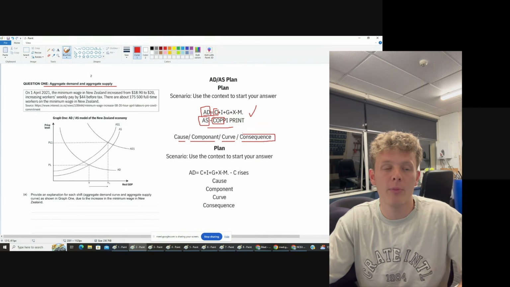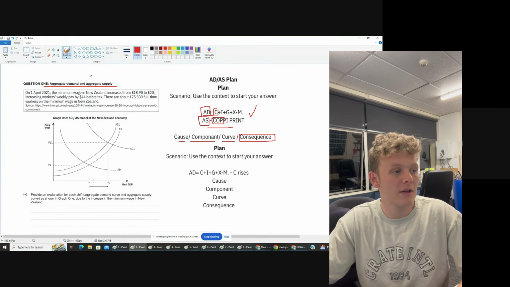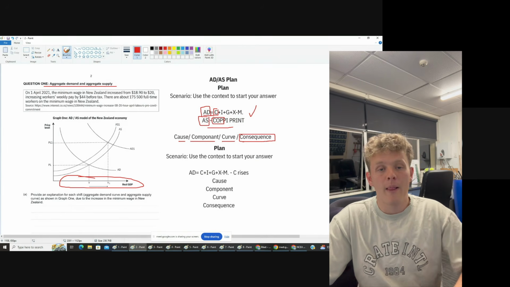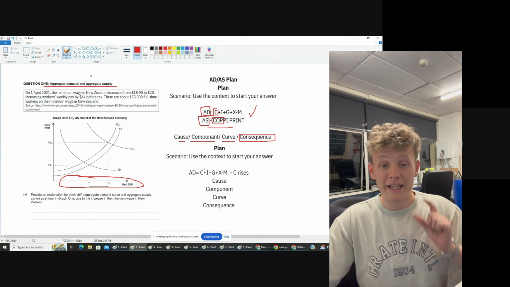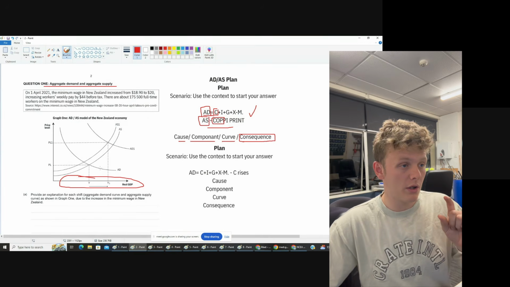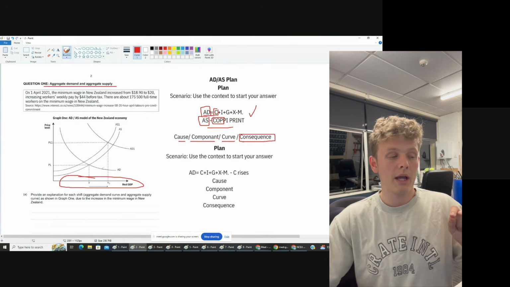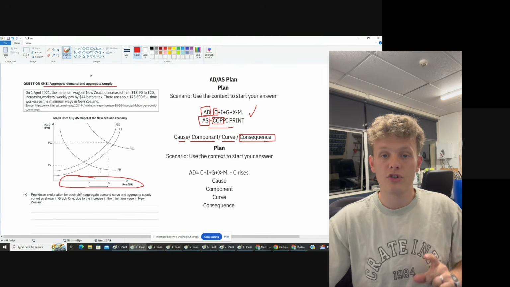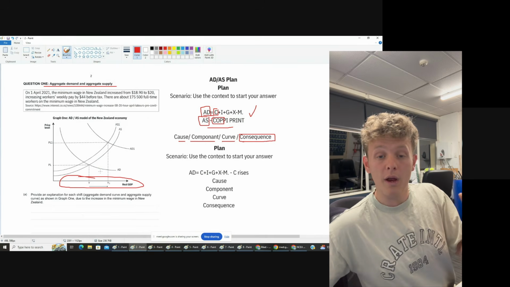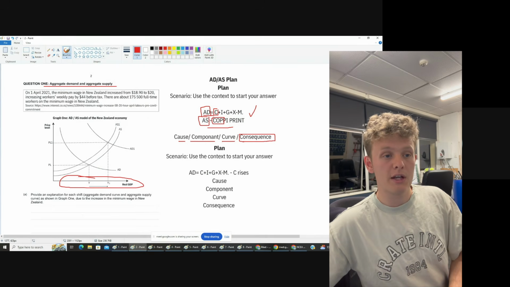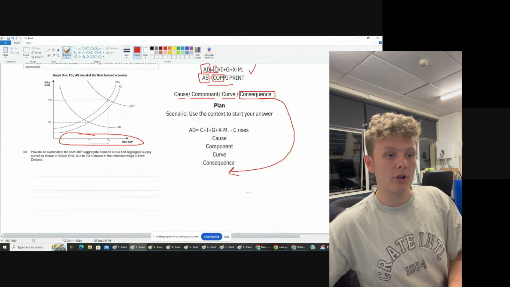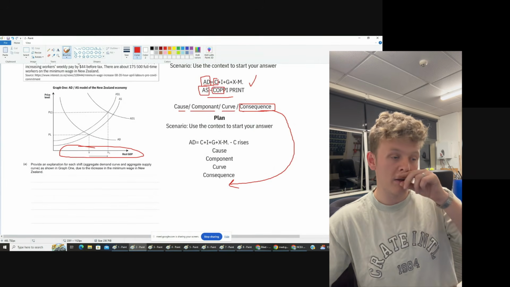This is a growth paper, so we want to be talking about this axis down here, the growth axis. The tricky part here is that it's not shown as an AD shift on its own. It's shown together with the AS curve. So we're actually going to leave the consequence and jam it right at the bottom after we talk about the shift in AS.